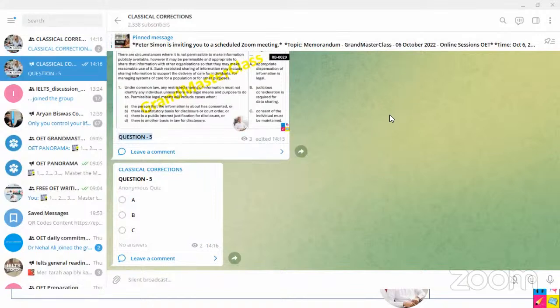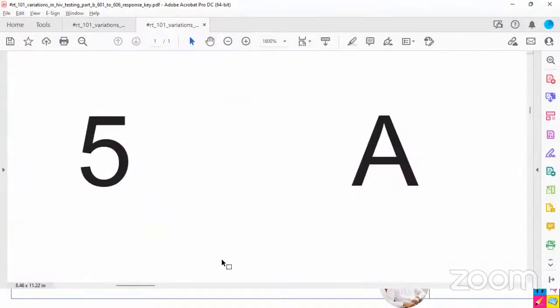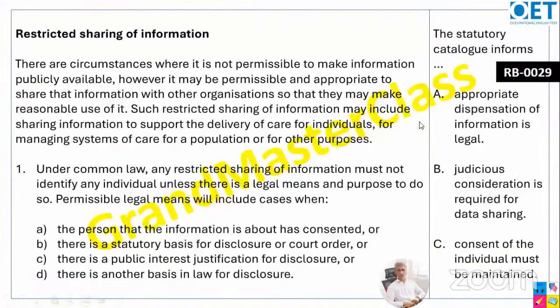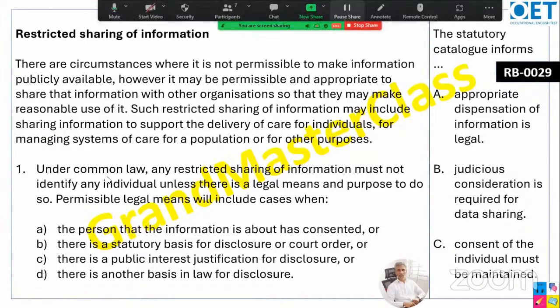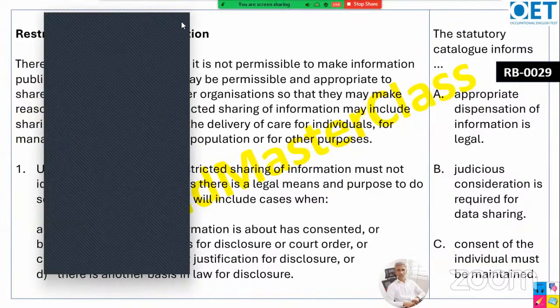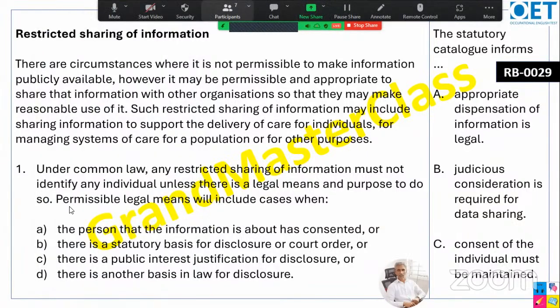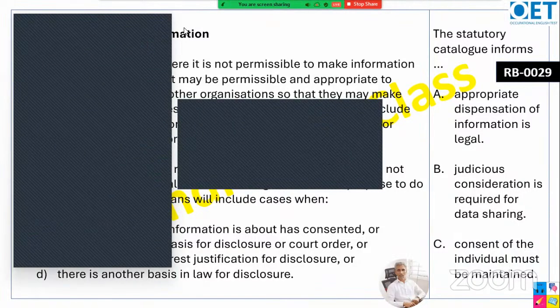The answer number 5 is A. Next. So now let us discuss. 2 people have given A as the answer. Who are they? Shahid and Jansi. Okay. Yes, Shahid. So, yeah, Shahid, you can unmute.